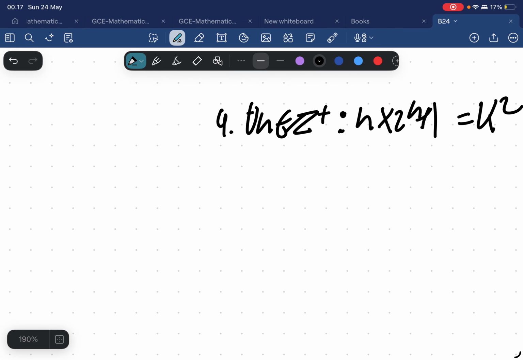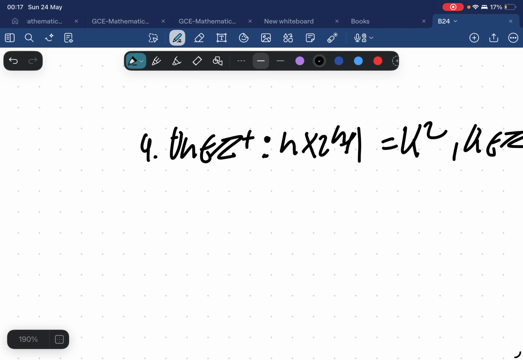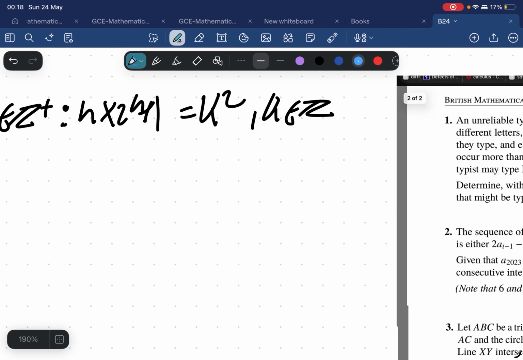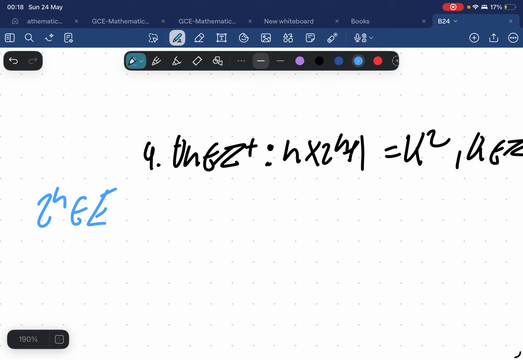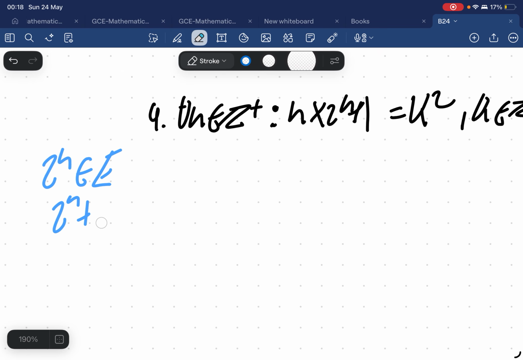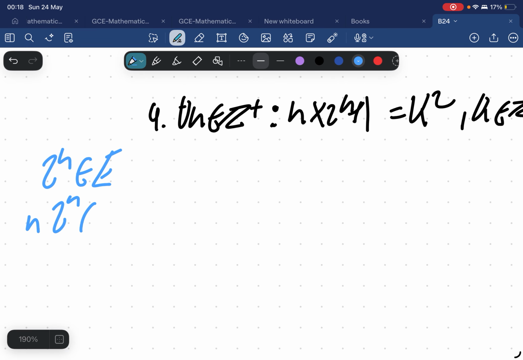From the outset, just looking at parity, I think is best to look at first. So we know that 2 to the n is even, and it's not too much news. And then times n, whatever n is, is still going to be even. So 2^n times n is even, and with plus 1 it is odd.